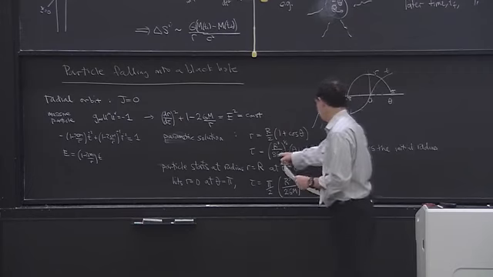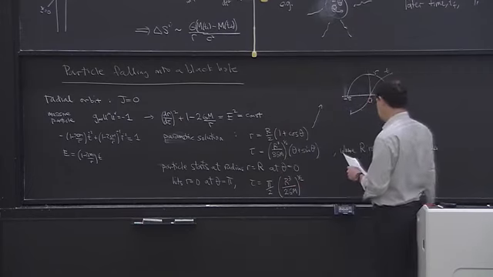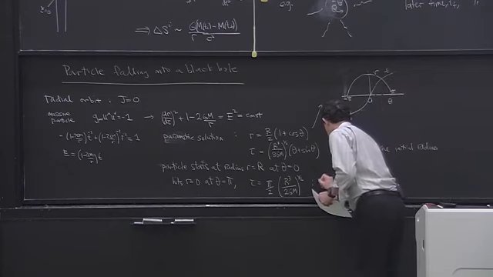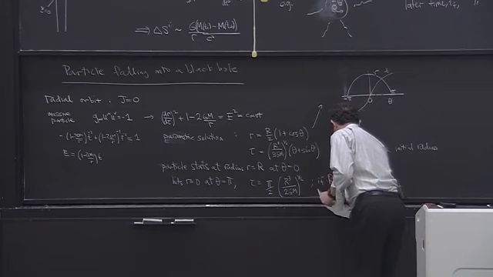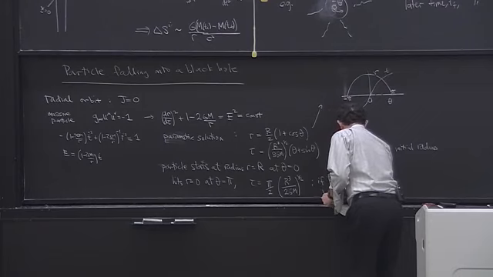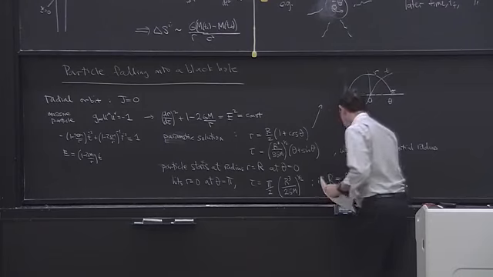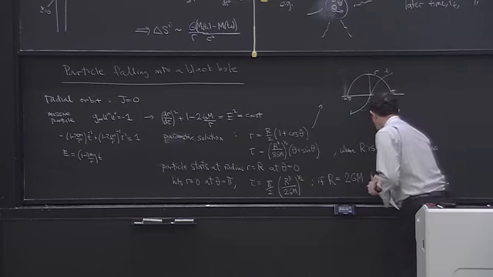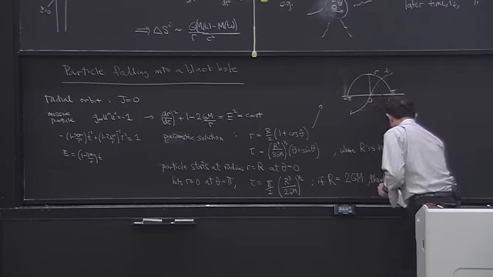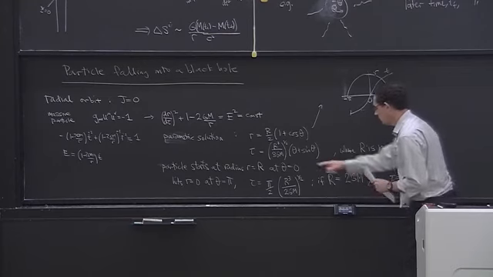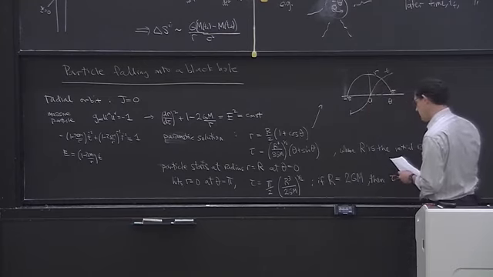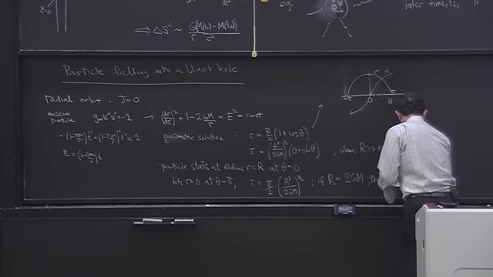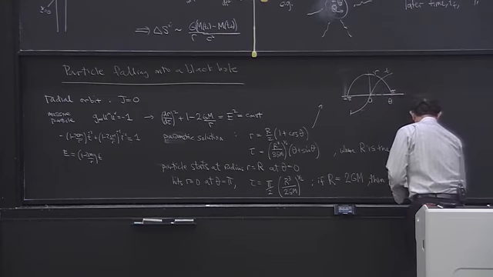I just pulled out a factor of 4. And so in particular, if R, the initial radius, is equal to 2GM, the Schwarzschild radius, then tau is equal to pi GM.